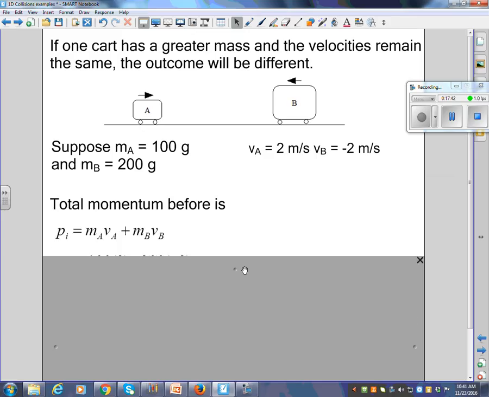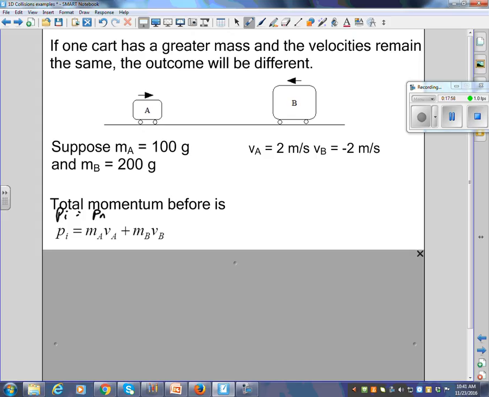What is the total momentum before? The total momentum before is made up of the momentum of card A and the momentum of card B. If you want, you can put this step: P_i is P_A plus P_B. I think we can skip to the next step.